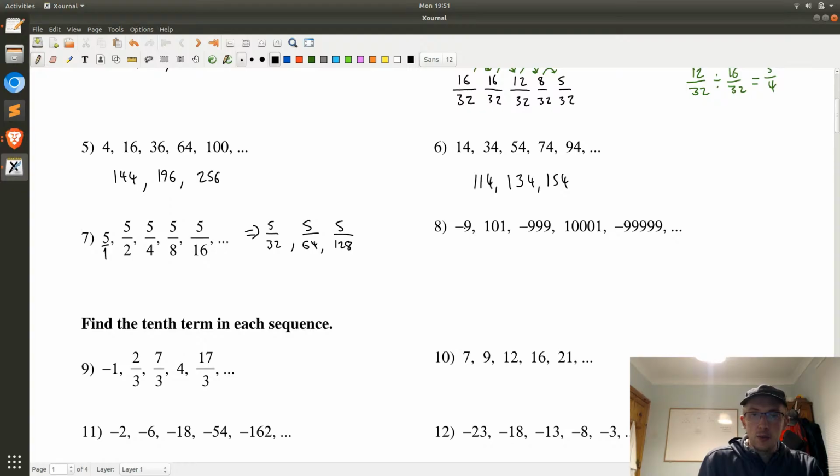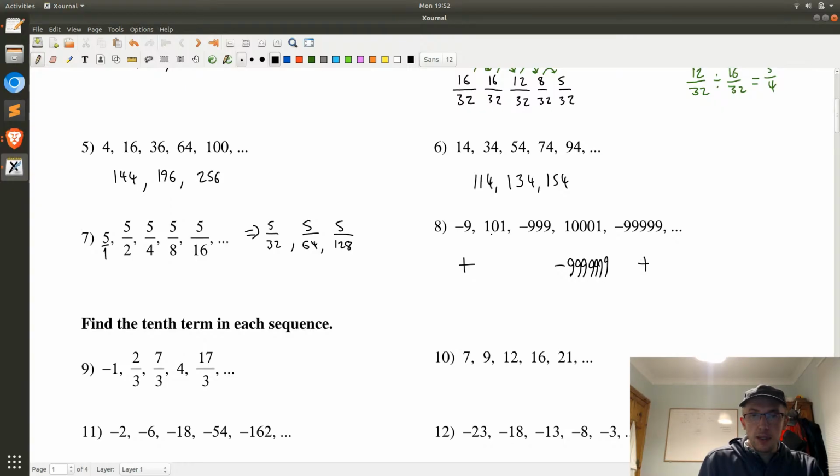And then here we've got the minus plus minus plus pattern. So we're going to have a positive, a negative, and a positive. And what's the actual pattern though? Well, the negative numbers appear to be 1 nine, 3 nines, 5 nines. So I'm going to say 7 nines. Like that.